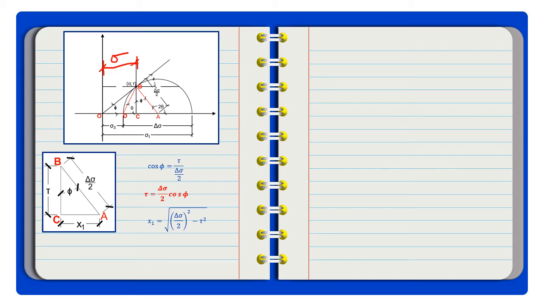So, para mapalabas natin si sigma, so mula dito, since ito yung point ni sigma, kailangan natin ibawas mula dun sa sigma 3 plus delta sigma over 2 yung x sub 1, which is the CA. So, ibig sabihin, parang ganito. So, mula dyan, buburahin lang natin yung CA para mapalabas na natin yung hinahanap na sigma.